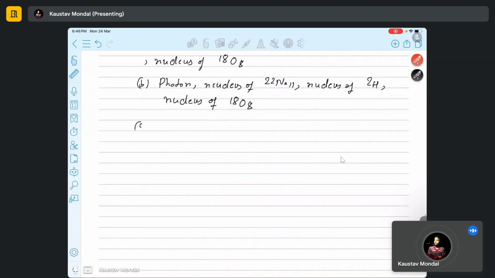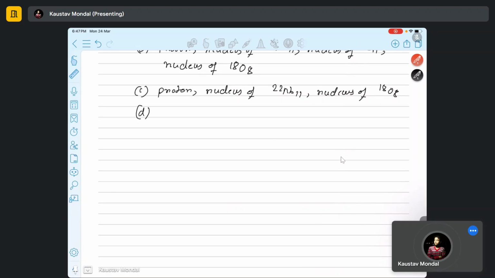Option C is proton, nucleus of sodium, nucleus of oxygen.